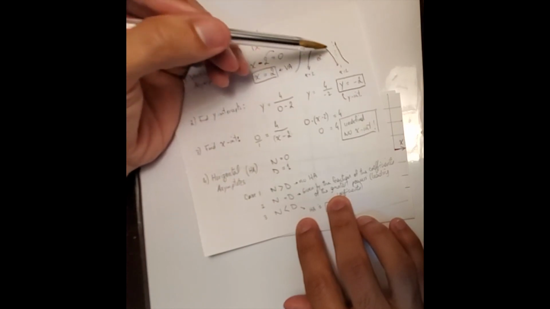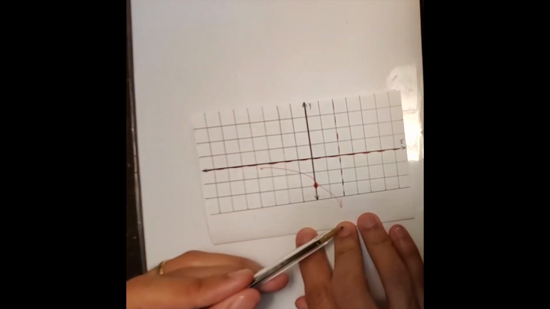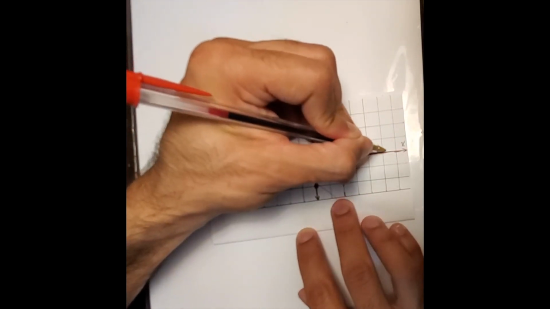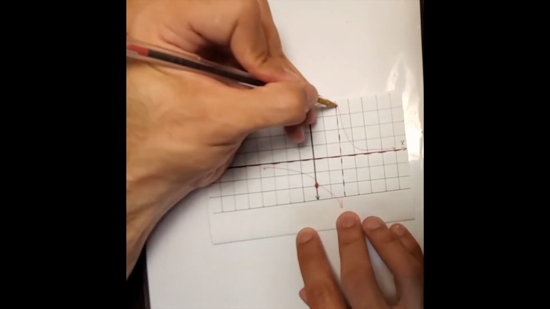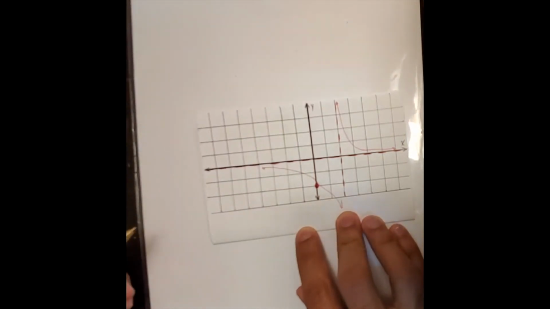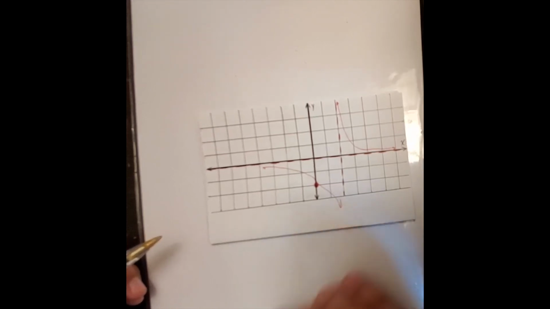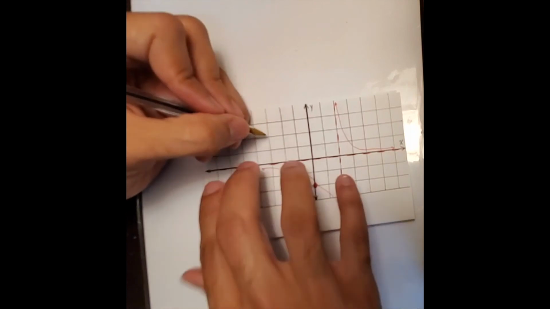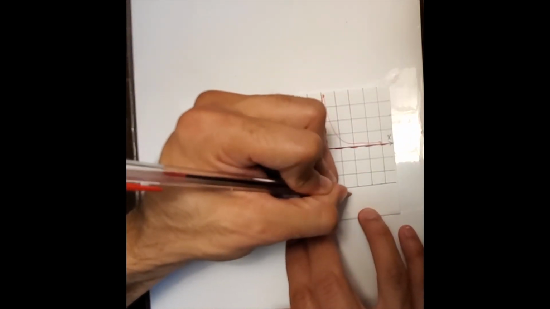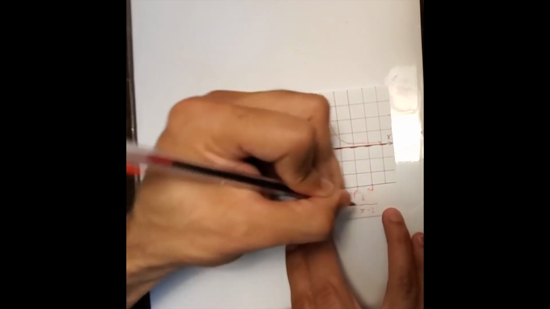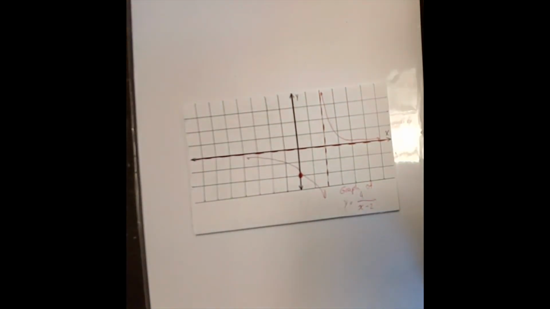So on either side of that asymptote, it's going to behave differently. On this side it's going down, so on that side it's going to go up, and it's going to approach that asymptote over there. We don't have any x-intercepts, so the graph is not going to cross that horizontal asymptote, and this is the solution. This is the graph of 4 over x minus 2. There you go.